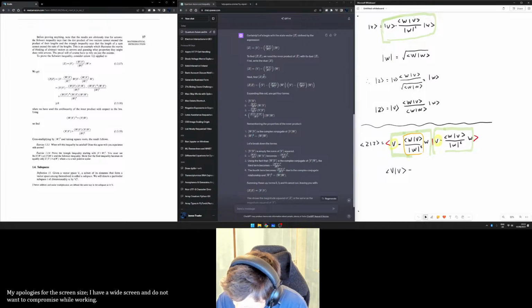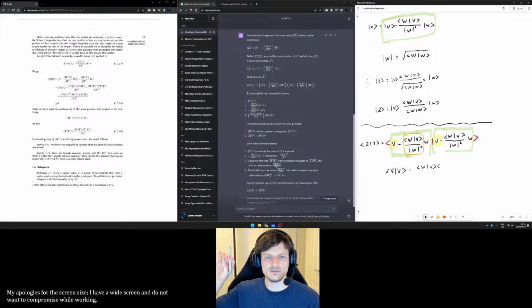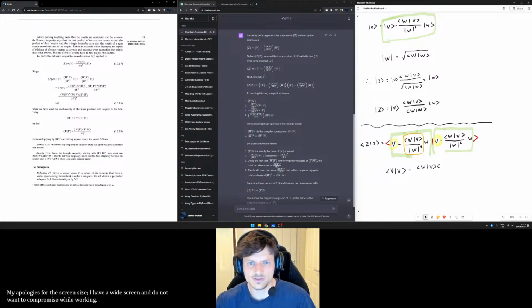Minus WV, and I guess the inverse of this is VW. This is saying negative WV over W squared multiplied by WV, and then it's doing that very same thing but multiplied by VV, which is another one I'm not understanding here.